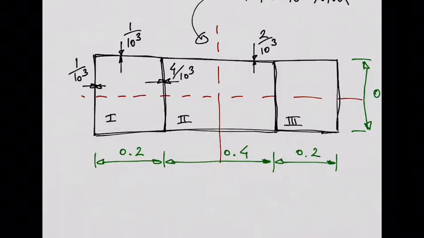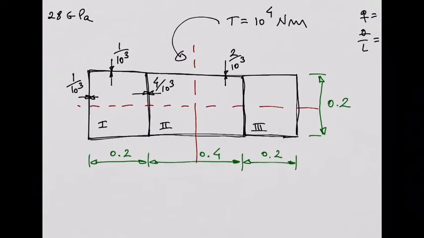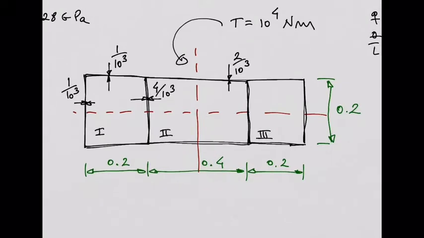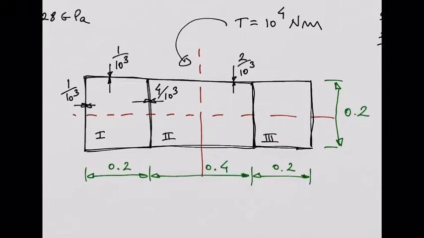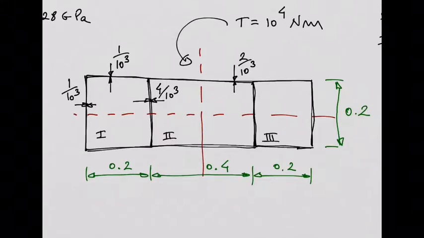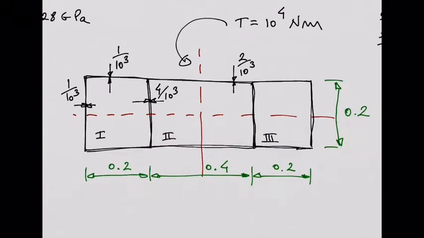And one important thing you guys need to be aware of in this kind of multicellular problem is that each cell will have a different shear flow. So for cell number 1, you will have a shear flow in this, let's say, anti-clockwise direction. Let's call this shear flow Q1.